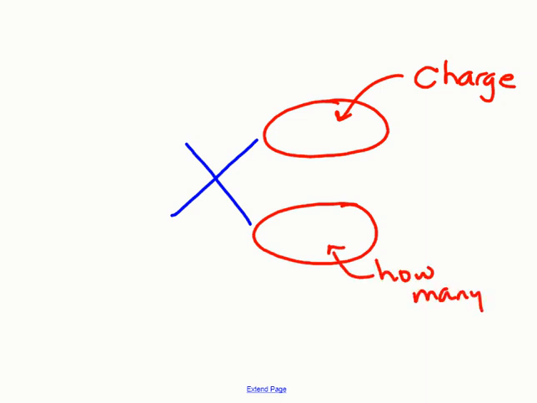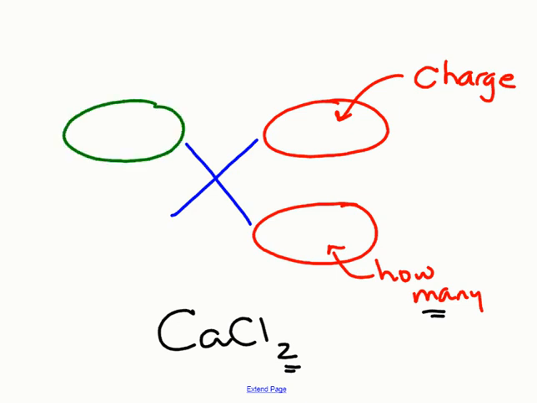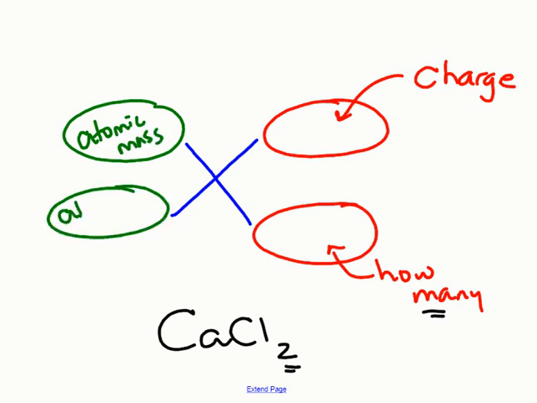So for example, in the formula calcium chloride that we just did, this little 2 was written in the bottom corner of chlorine to mean that there was 2 chlorines. On the other side of an atom, those positions mean something too, even though we haven't been using them. The upper corner is where we write our atomic mass, and the bottom corner is where you would write your atomic number.